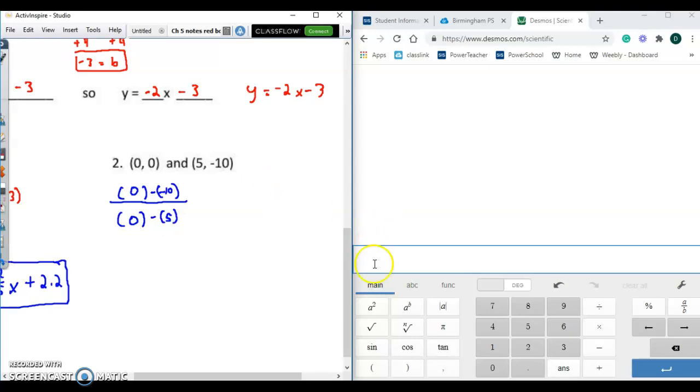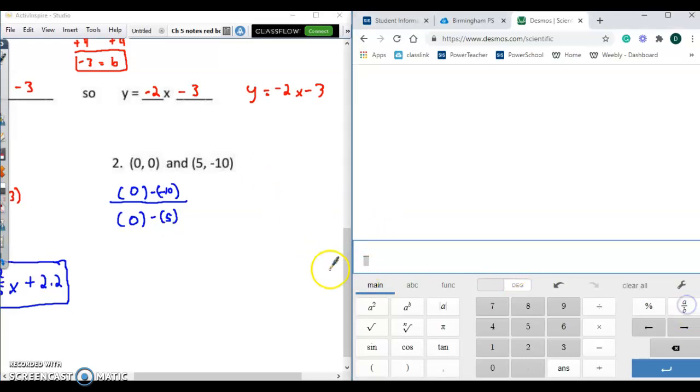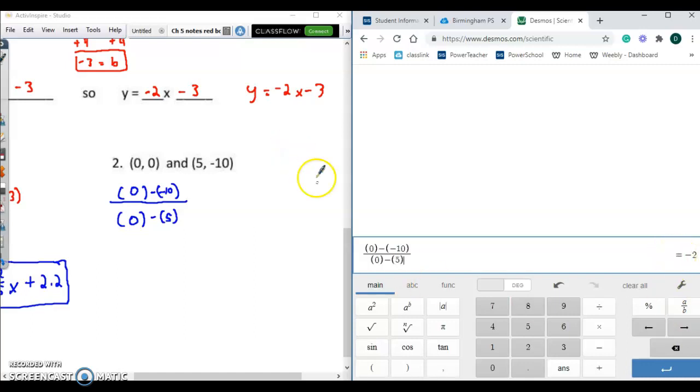So again, if you're using your calculator, you can type in 0 minus 10 or minus a -10. So just as we see it, parentheses 0 minus parentheses 5, and we get -2 as our m. So m equals -2. So there's our first part.